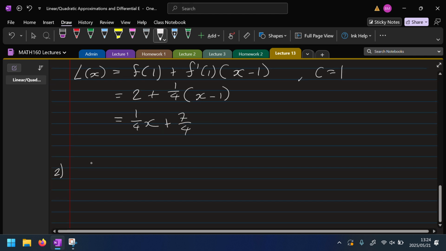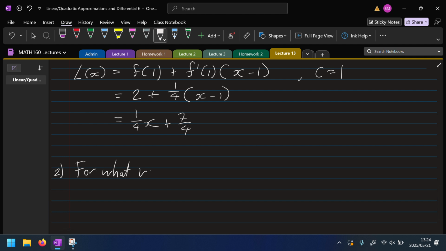Okay, example 2. For what values of x is the linear approximation, okay, so we've got some linear approximation here.